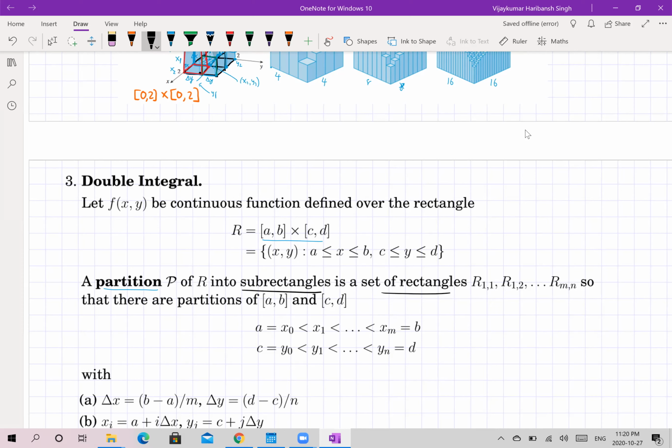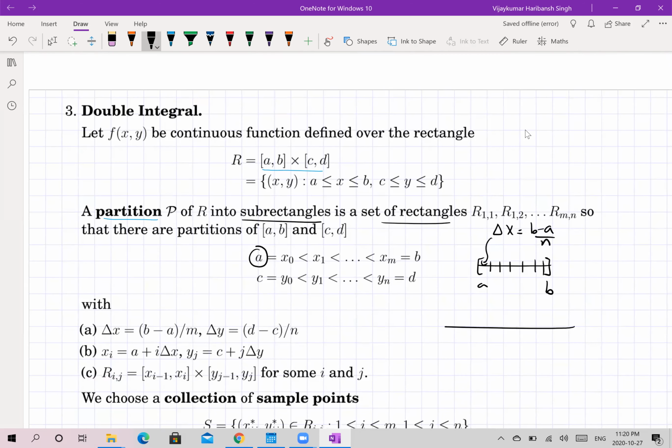So we have a gives me x0. [a,b] is partitioned into m equal parts, each of which has width delta x, which is (b minus a) over m.